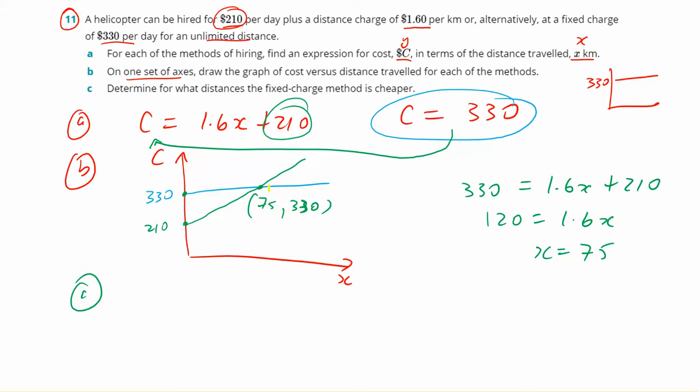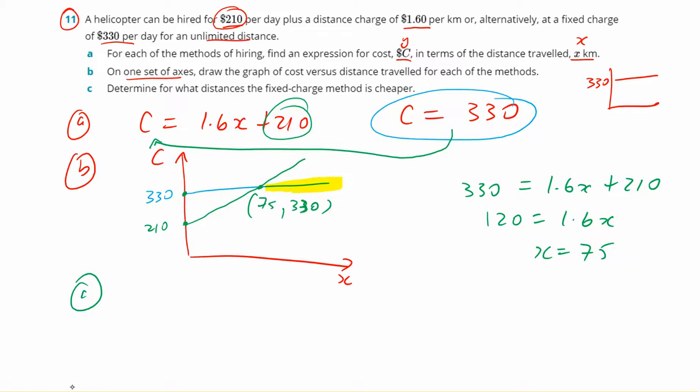It's more affordable right here, because if you go beyond 75 kilometers, you can see that the other rate will be much more expensive because it's increasing above the $330 rate. So it'll be cheaper after 75 kilometers. At 75 kilometers, it'll be the same price, but it has to be after 75 kilometers.